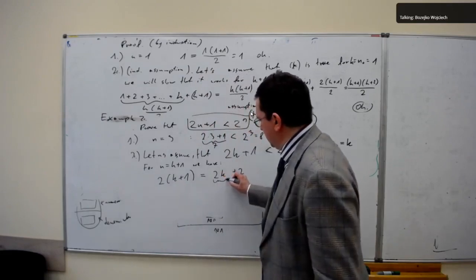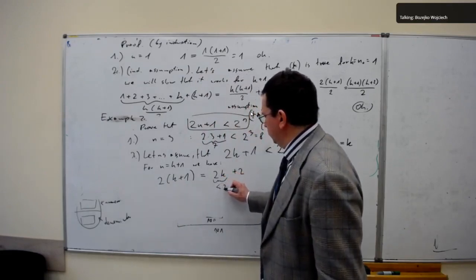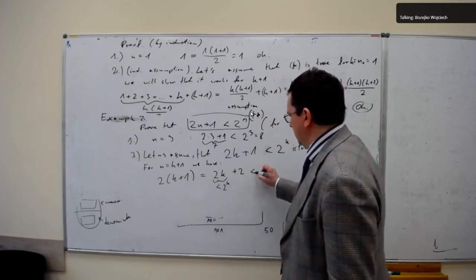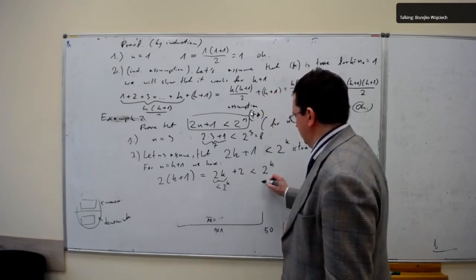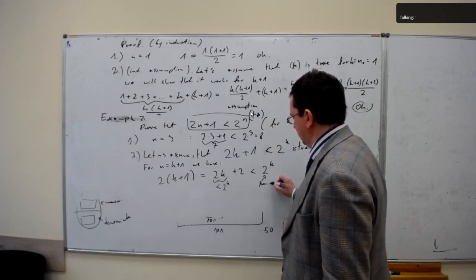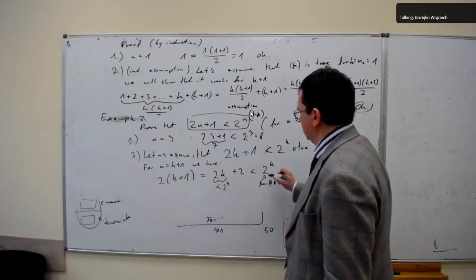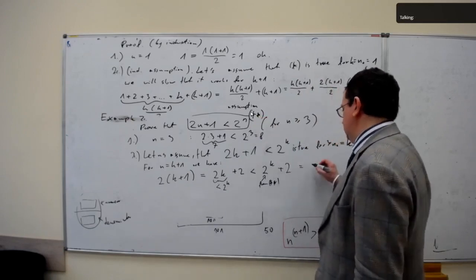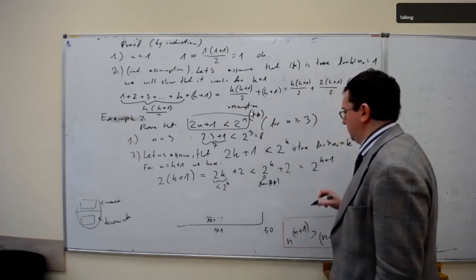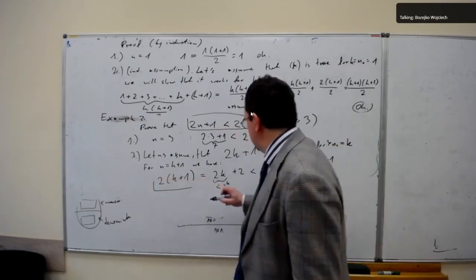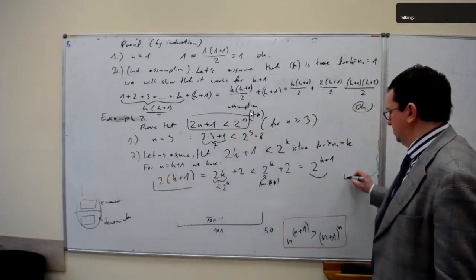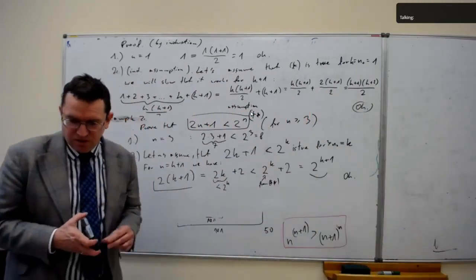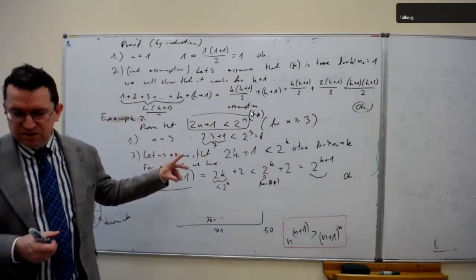This one, from the assumption, is smaller than 2 to the power of k, plus 2. So this is smaller than 2 to the power of k plus 1. So we have this part, and this ends the proof. Is it understandable?